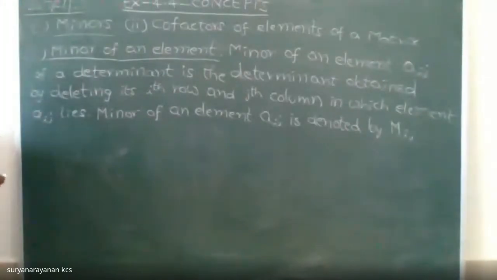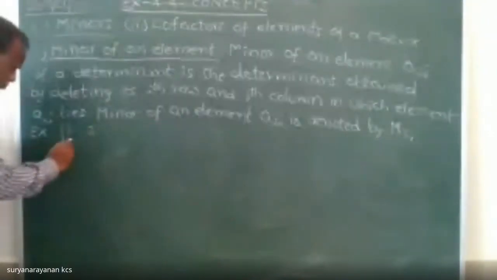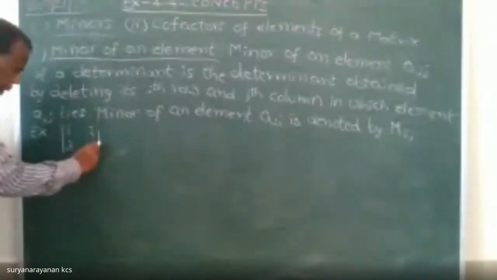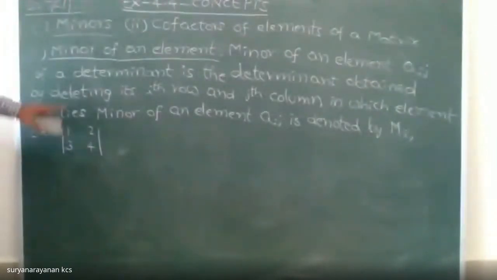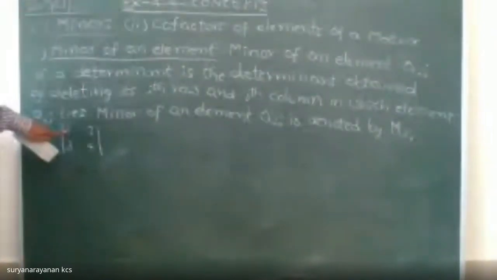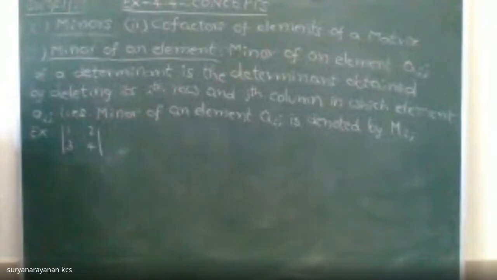To understand this definition, let us take an example. See here. This is a determinant. In this determinant we are finding the minor of the first element, minor of the second element, minor of the third element, and minor of the fourth element.